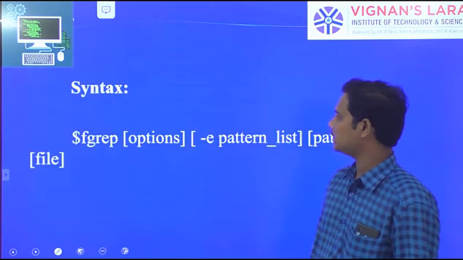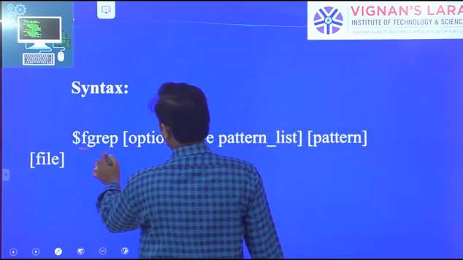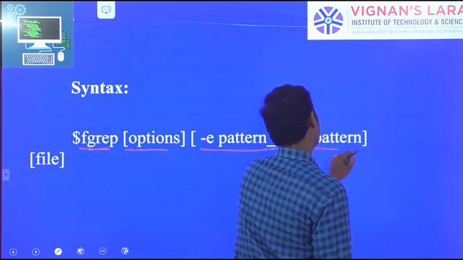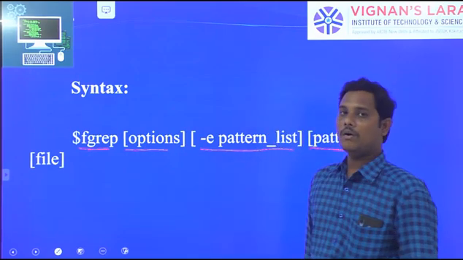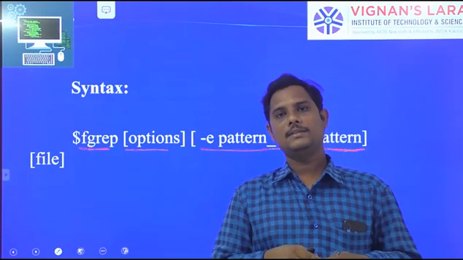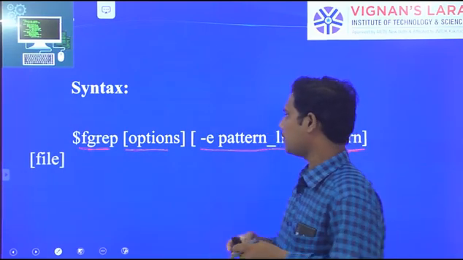This is the syntax: fgrep, option e, pattern list. Multiple patterns can be given, not a single pattern. You can search multiple patterns in multiple files, not only a single file.